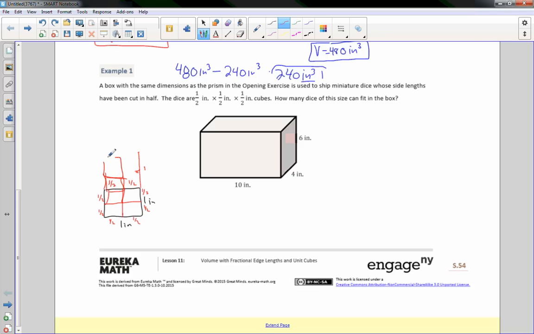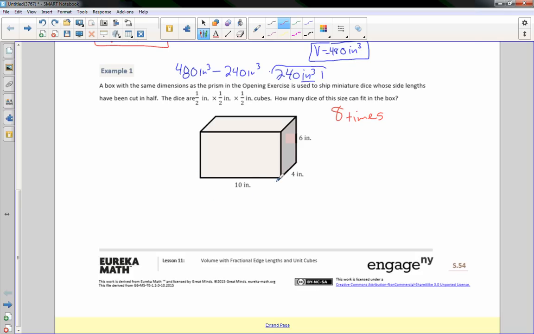So I would need another cube that is 1/2 by 1/2 to pile up on top of this one. And that would be 2 cubes. So if I have 4 on the bottom, then it takes 4 on top. So it would actually take 8 times as many cubes, because it takes 8 cubes to fill in 1 cube that's 1 by 1, if they are a 1/2 inch by a 1/2 inch.